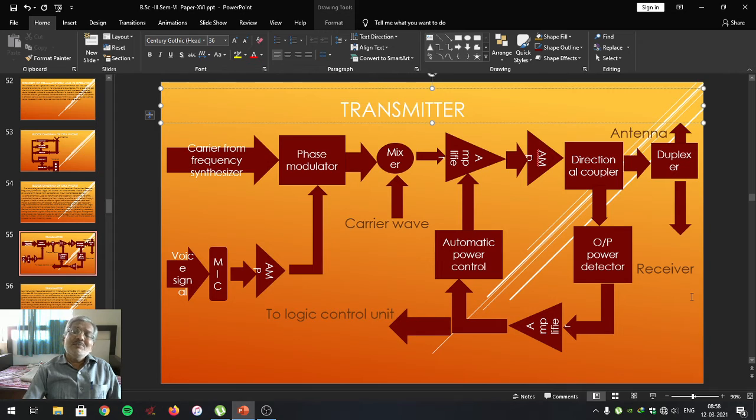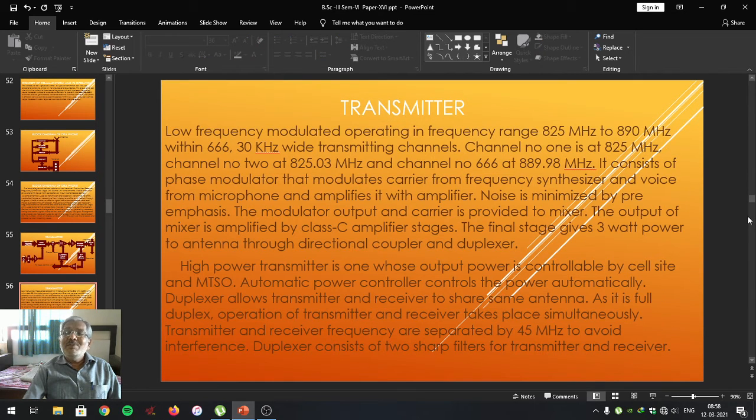Accordingly, the rest of the operations are performed in space by using the receiving and transmitting towers via the MTSO and also the cell site. So that is the role of the transmitter which is being used in the cell phone.